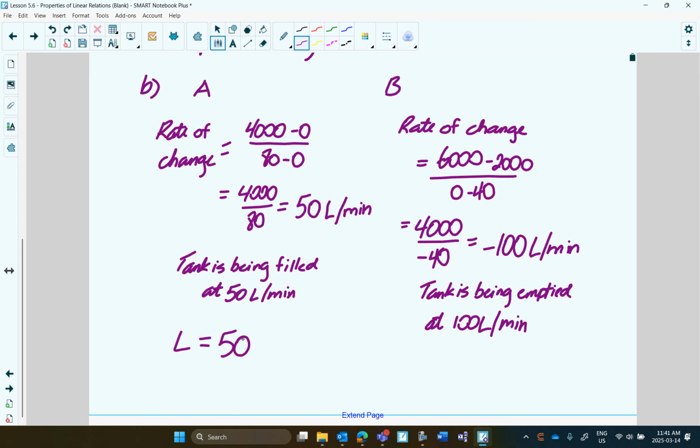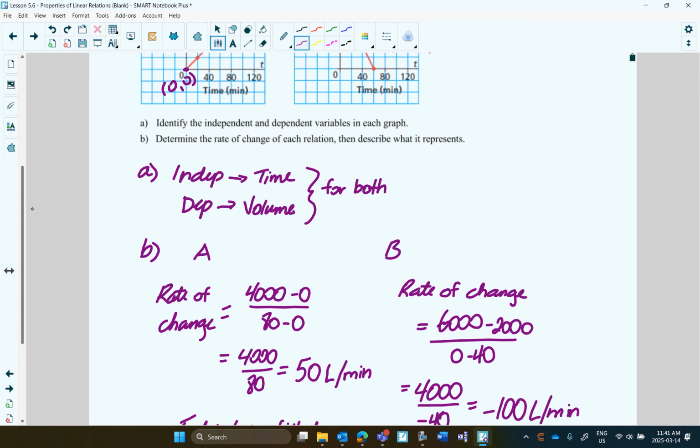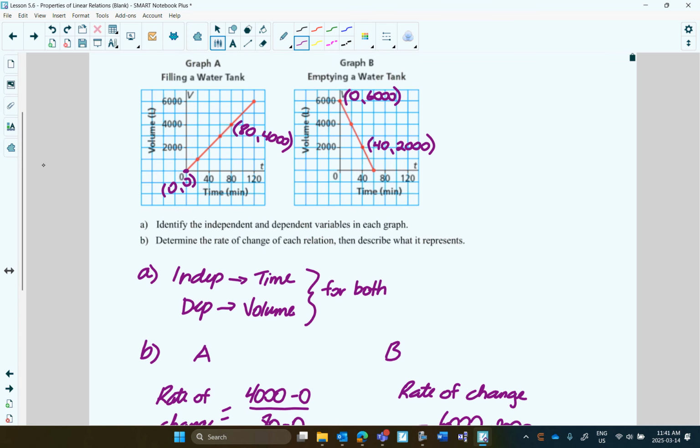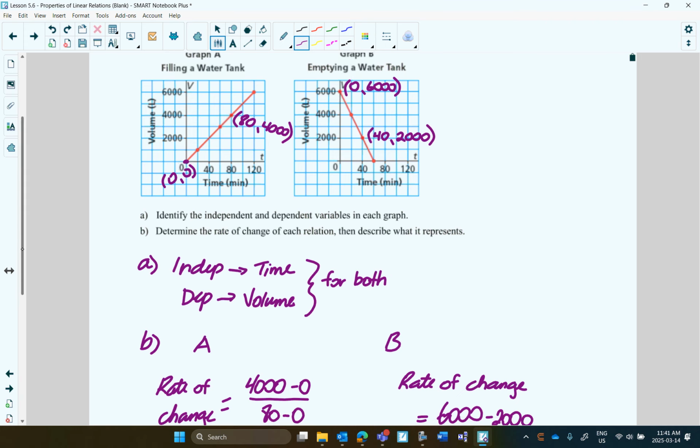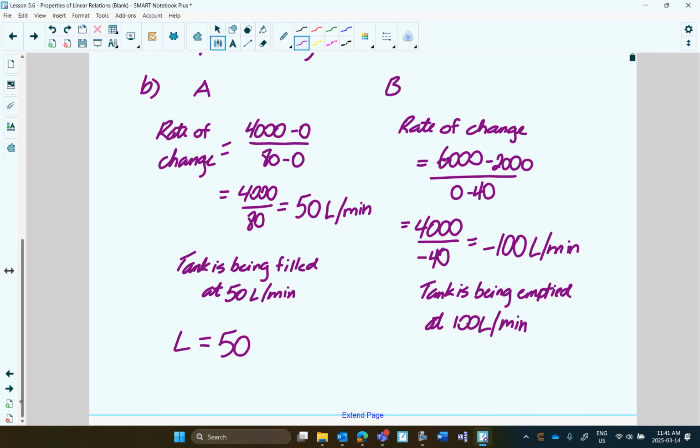L isn't used, B is used, and T is used. So I'm using those. So this should be B equals 50T. But what's the initial amount? When time is 0, how much is in the tank?